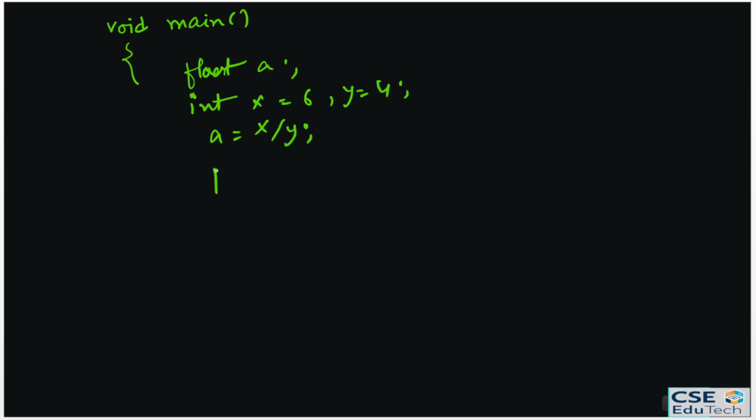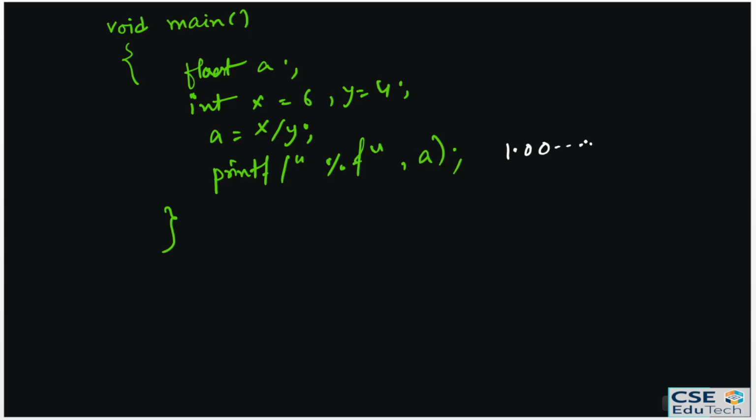And if we printf percentage f, why percentage f? Because it's a float number, and then a. Then what will be the output of this code? Obviously, here the output will be 1.00 and so on.